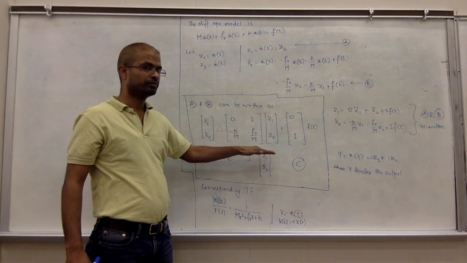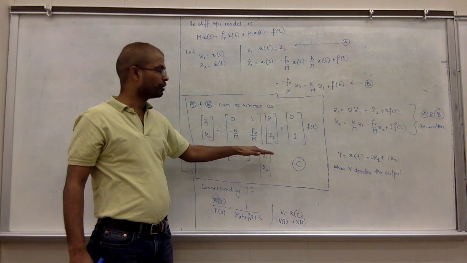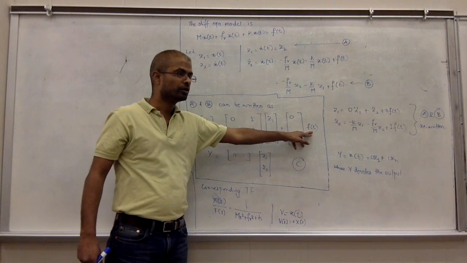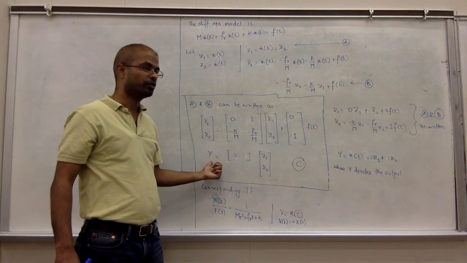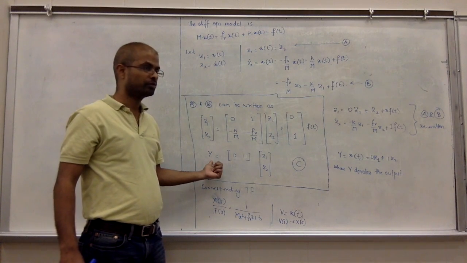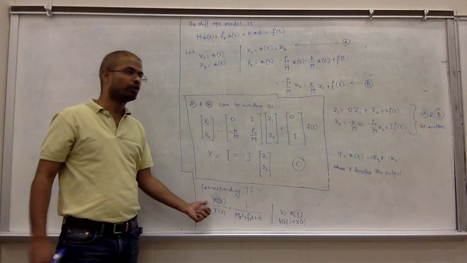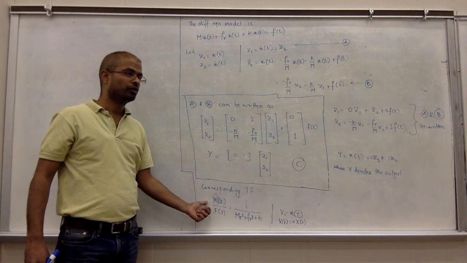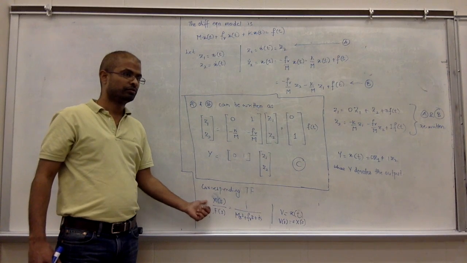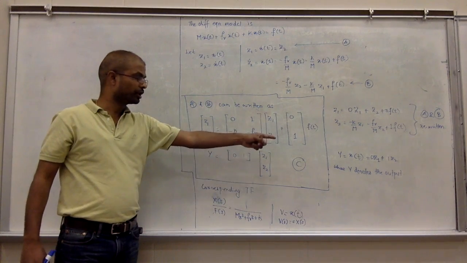Your modeling has to be input-output. This is the input. What is the output? Y is the output. So that equation is also based on what you want to measure, what you're interested in. Okay?